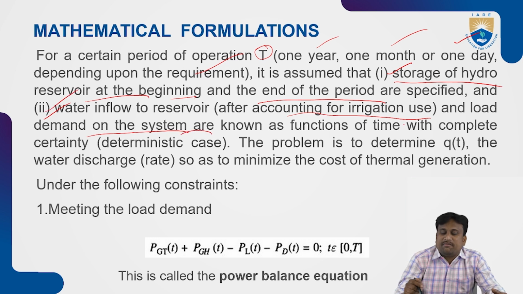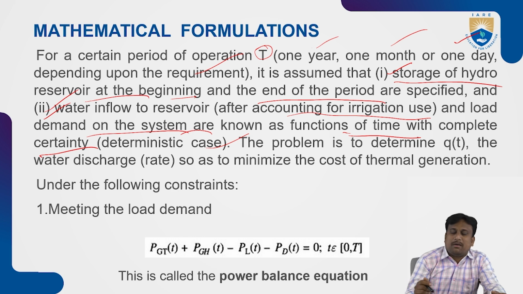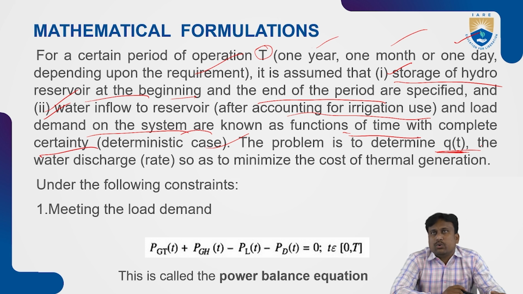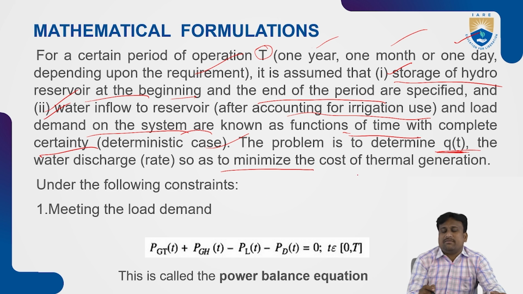They are known to be functions of time with complete certainty, which is deterministic in nature. So the problem here is to determine the Q of T parameter, that is, the water discharge rate. It cannot be fixed or constant. The flow may be continuous or discontinuous, or it may vary. It has to minimize the cost of thermal generation.